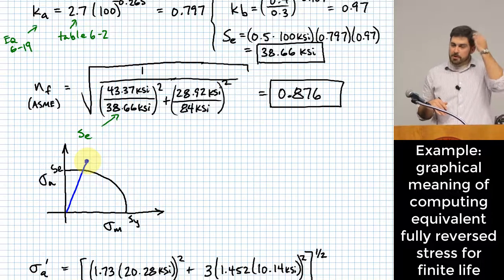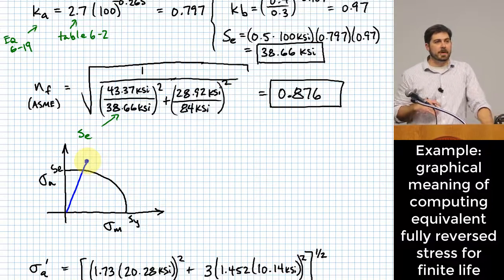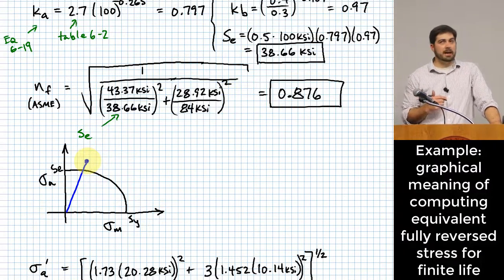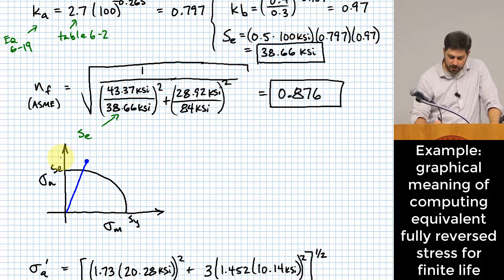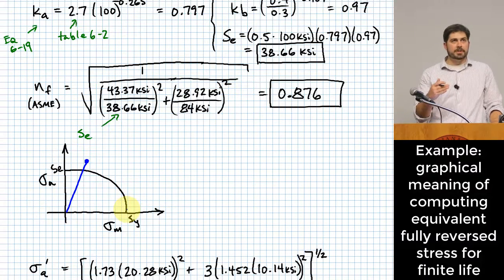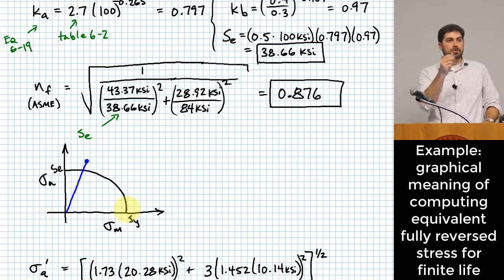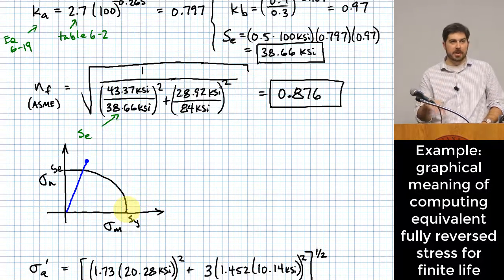So actually the first step of figuring out how many cycles we expect to happen here is we have to come up with some way of establishing what the equivalent amount of fully reversed loading is for the type of loading that we actually have, because we don't have fully reversed loading here, right?